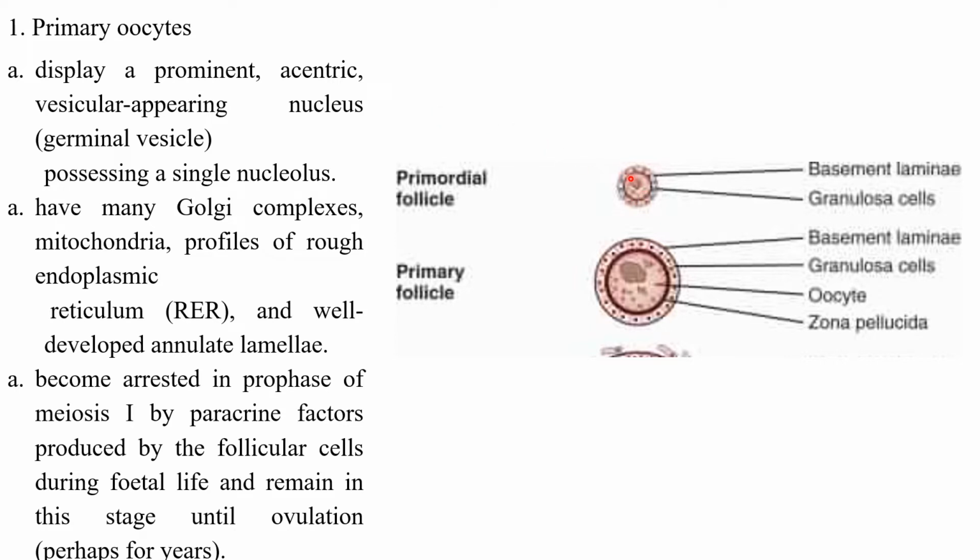So this is the oocyte surrounded by the single basement layer, or basement lamina, or granulosa cells.